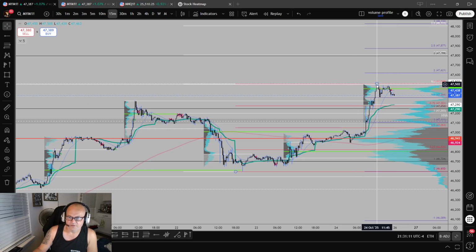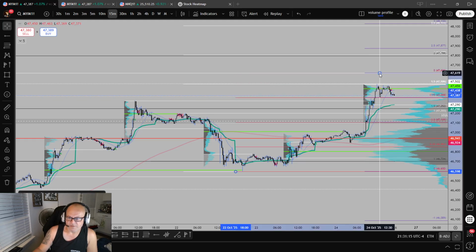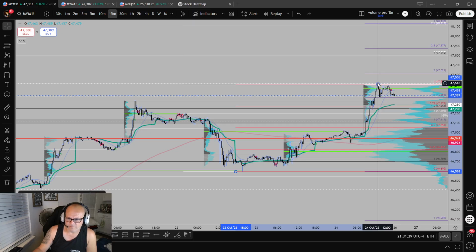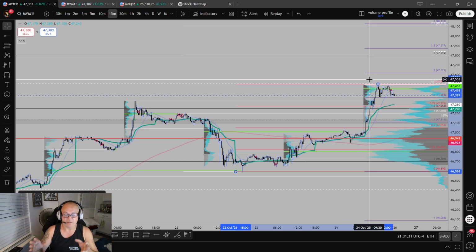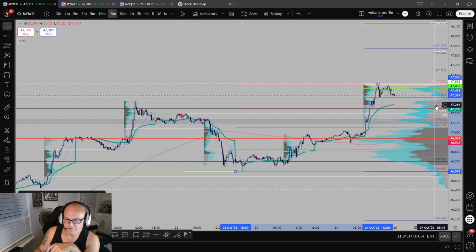Okay, 2 standard deviation puts us where with the 50%? Right into our high volume area. So this is kind of what I'm looking at. Stay with me. A pullback to VWAP at the 75% DTR level.